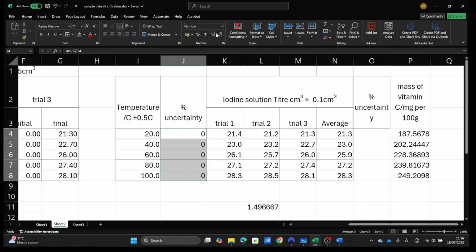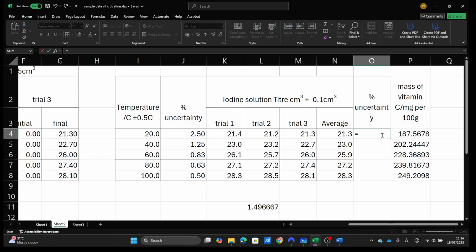Oh, it's not percentage yet, is it? So times 100. So there we go. That's our uncertainty. We can see for temperature, percentage uncertainty is really high for 20 degrees and much lower for 100, because obviously our measurement's getting bigger.